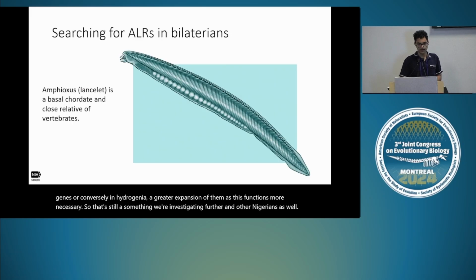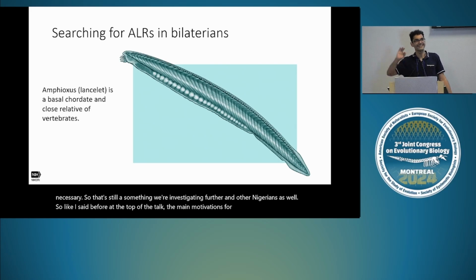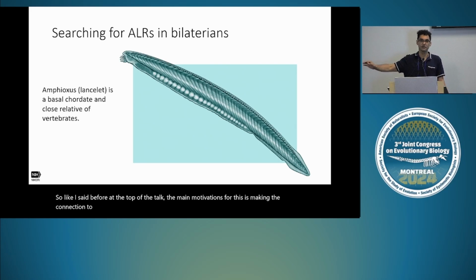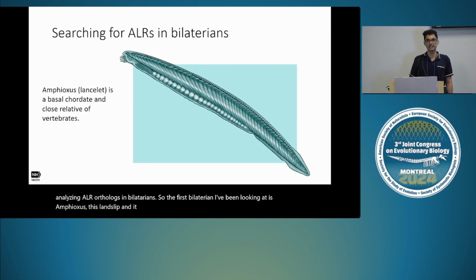So, like I said before, at the top of the talk, one of the main motivations for this is making the connection to the bilaterian immune system. So I am beginning to make this jump in analyzing ALR orthologs in bilaterians. The first bilaterian I've been looking at is Amphioxus, this lancelet, and it is a basal chordate, close relative to vertebrates.